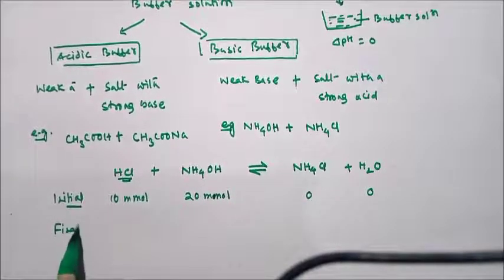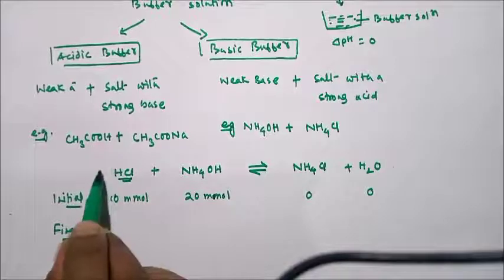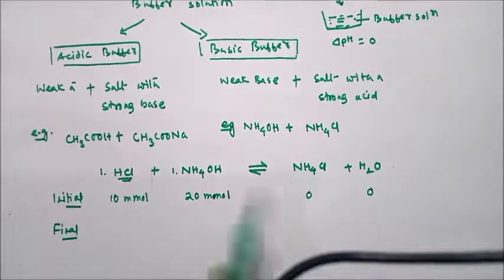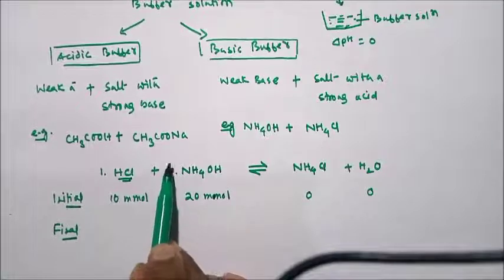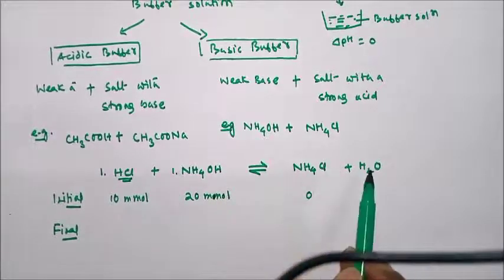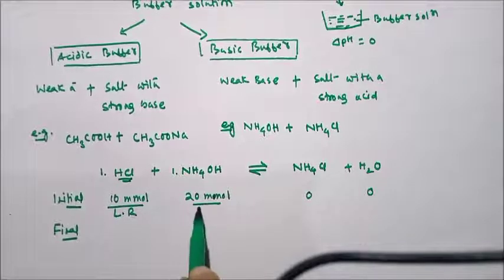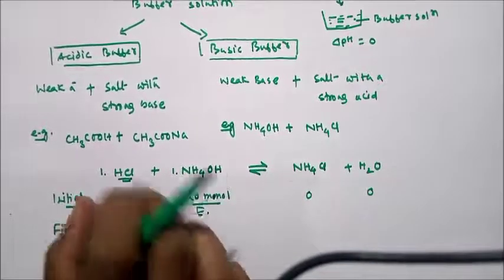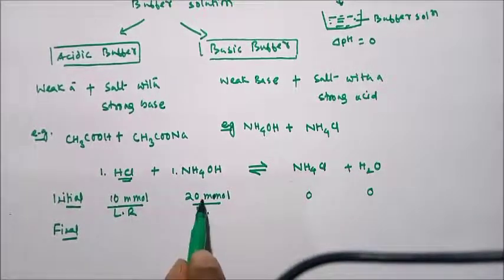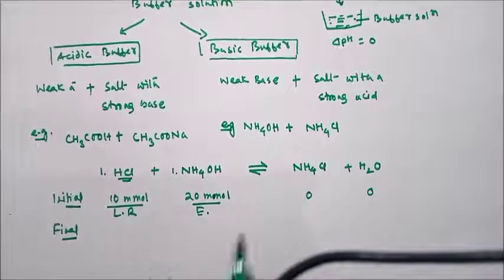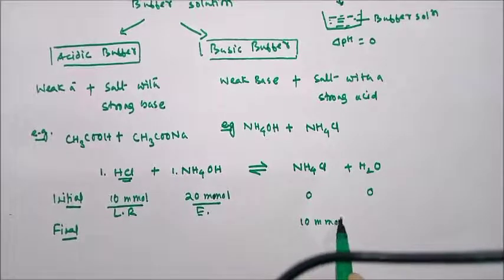After the final stage, from the stoichiometry you can easily say that 1 mole of HCl will react with 1 mole of ammonium hydroxide and it will form 1 mole of water and ammonium chloride. So 10 millimole of HCl is the limiting reagent and ammonium hydroxide is the excess reagent. So 10 millimole of HCl will totally react with ammonium hydroxide and form 10 millimole of ammonium chloride.